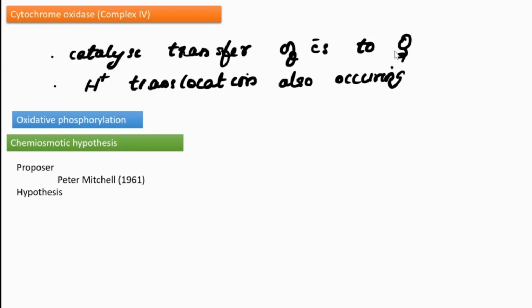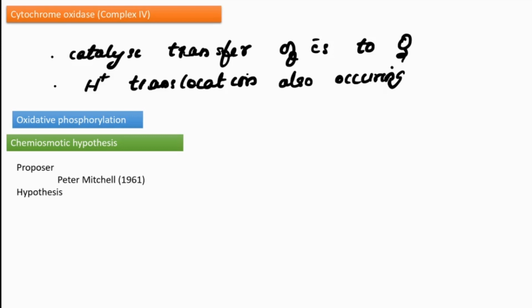After receiving the electrons, oxygen takes 2 more protons from the matrix of the mitochondria and converts to one molecule of water. That water we remove through our sweat and urine. The electron transport comes to an end by this reaction, that is, by the formation of water.